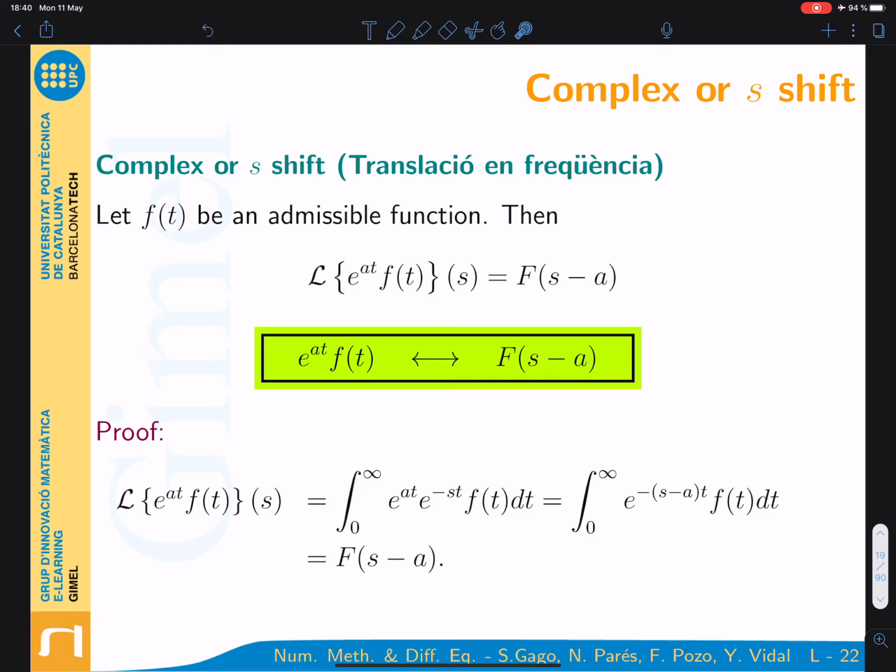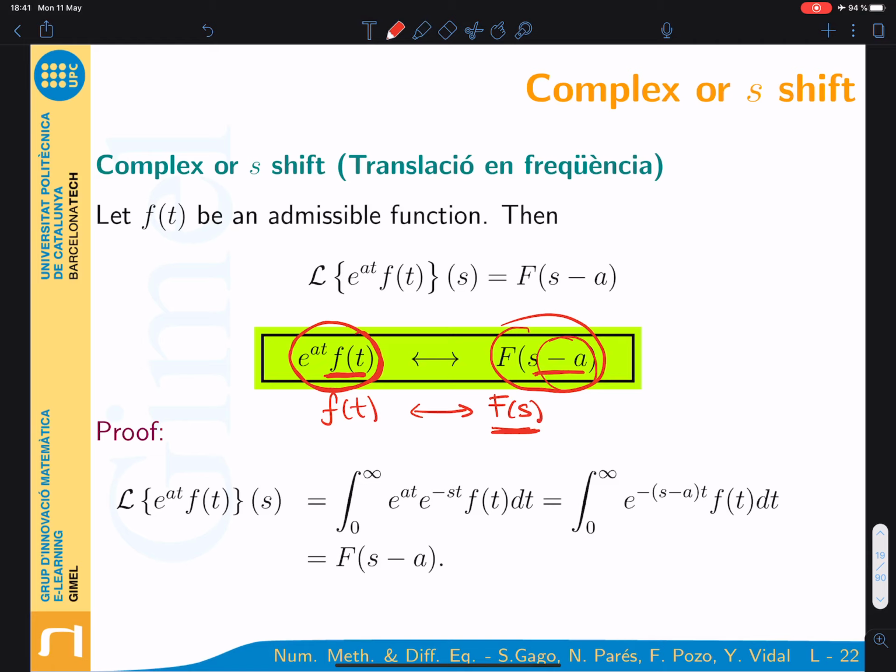Okay? It is very important when you read these slides that you understand that we mean that the Laplace transform of small case f is capital F of s. So I'm assuming that you understand that the Laplace transform of f of t is capital F of s, and that the Laplace transform of this whole thing is this whole thing, which is not exactly F of s, but is the translation of F of s, a distance a.